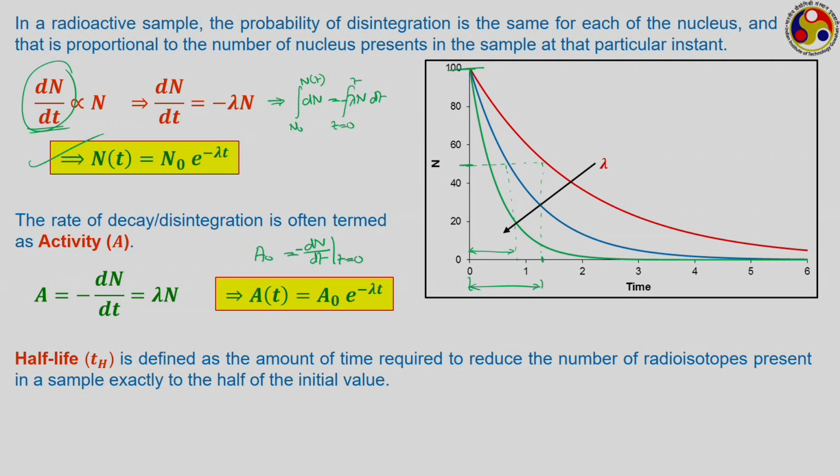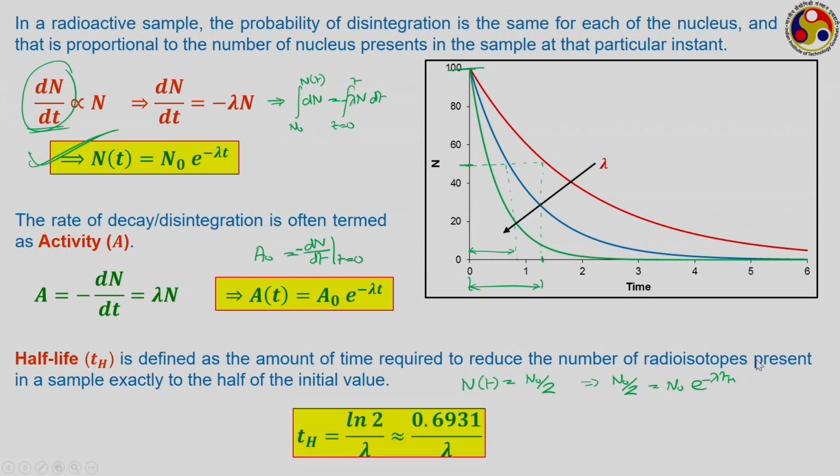Now, how can we estimate the value of the half life? Going back to this equation, if we put N t equal to N naught by 2, then we have N naught by 2 equal to N naught e to the power minus lambda into T h, or T half, which gives us this particular equation.